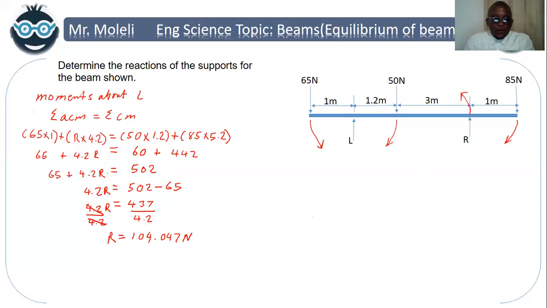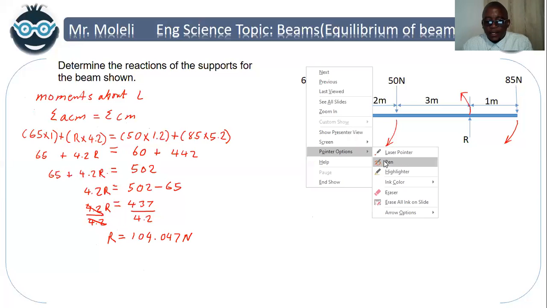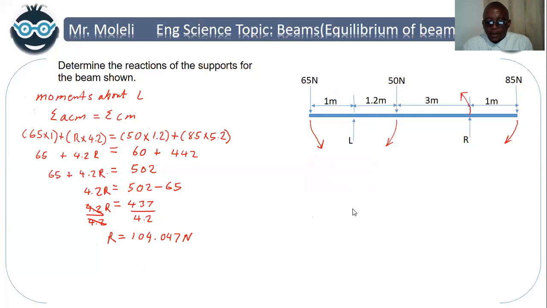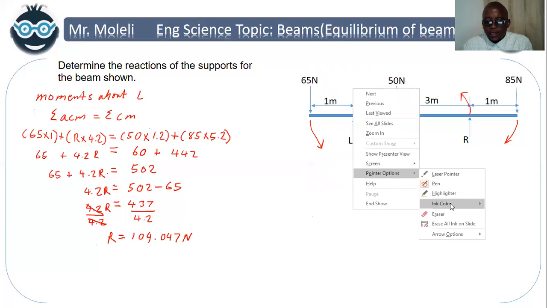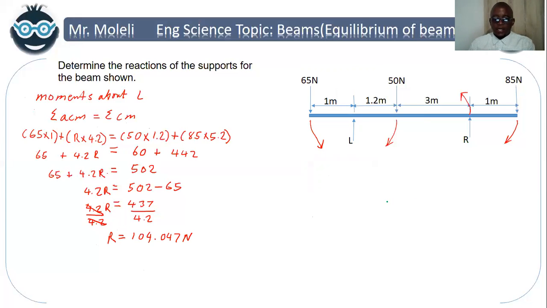Now, for the magnitude of L, I would like to change the color of my ink so that at least we are on one page and everything is clear. Having changed that, let us take moments about R this time.